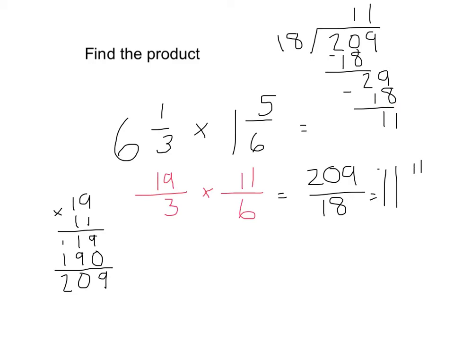And my denominator is the number I'm dividing by, which is going to be 18. So my answer to this long problem is 11 and 11/18. This is why it is really, really nice when you can cross cancel that you take the opportunity to do that. So then you aren't doing all these lovely steps right here.